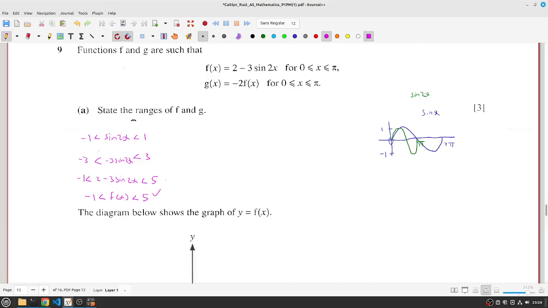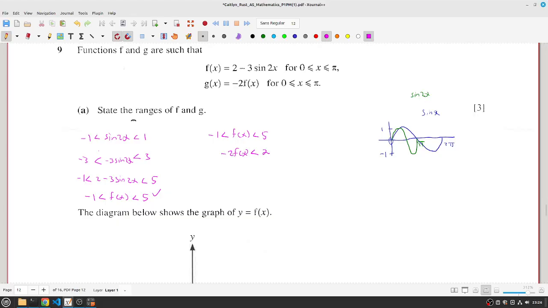Okay, good. Now we also need it for g(x). So g(x) is just negative 2 f(x). So we can start with what f(x) was. f(x) was between negative 1 and 5. And then we're going to multiply by negative 2. So again, negative 1 times negative 2 will become 2, and we have to change the sign, so we move it to the other side.